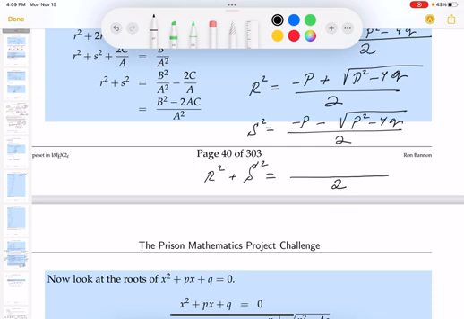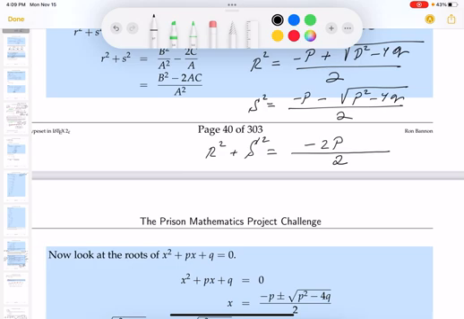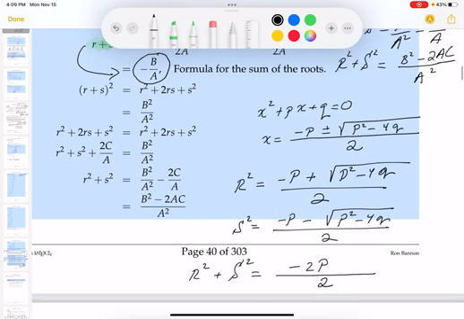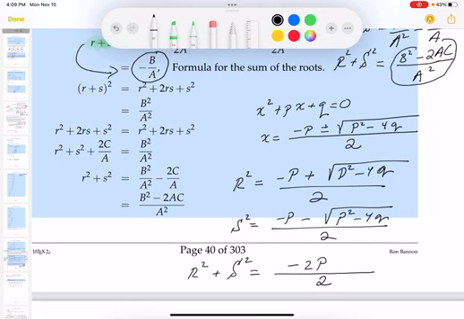And what would you get? You would get minus 2p because those roots are disappearing. So let's take a look. Now, what's r squared plus s squared? Well, I already did that. It's right over here, right? Let's write this down. So what do I get? I get b squared minus 2ac over a squared is equal to minus p, right?